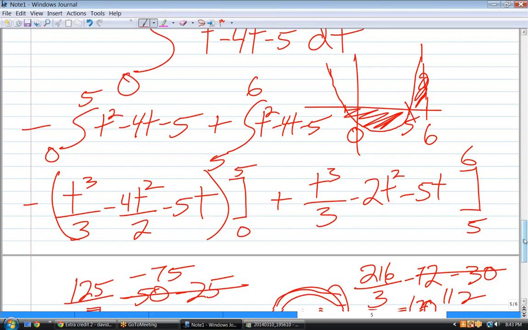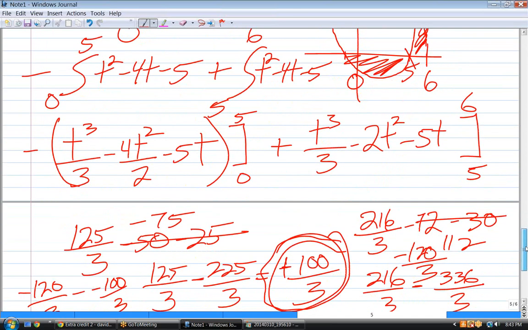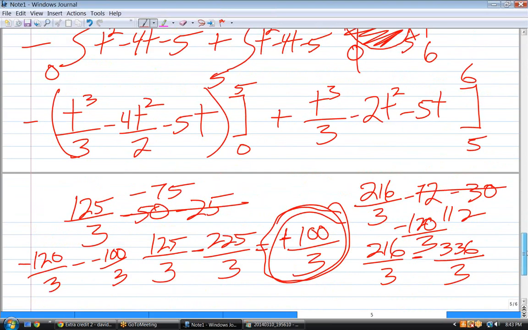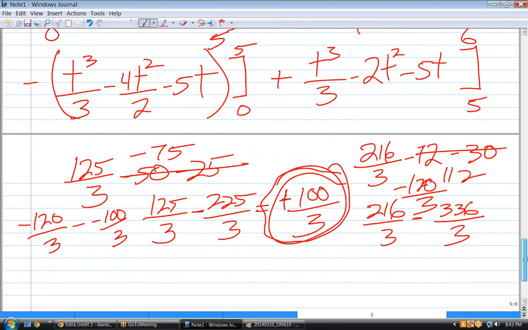Oh, I evaluated it at 6. When I evaluated it at 6, I got minus 120 thirds. And I have to subtract the evaluation at 5.